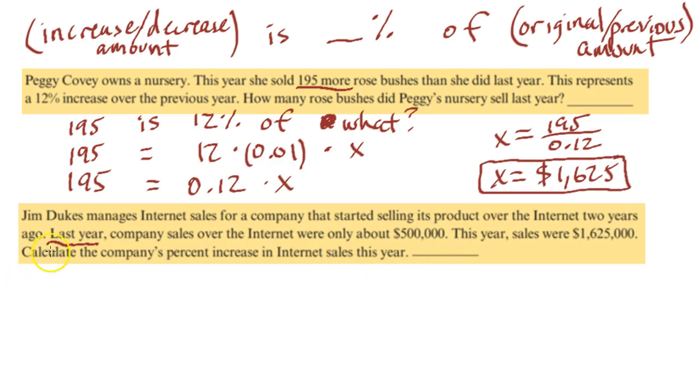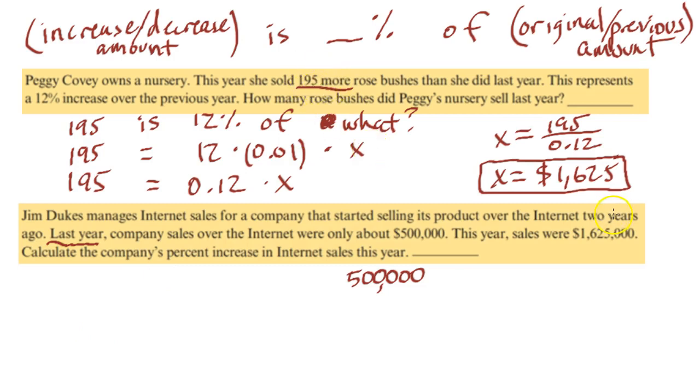I guess we could label this, or if you want, we could just write 500,000 over on this side. Okay, so this year sales were $1,625,000.